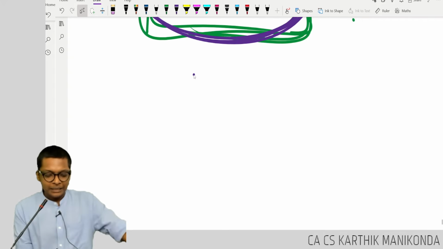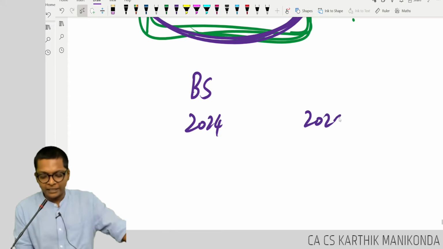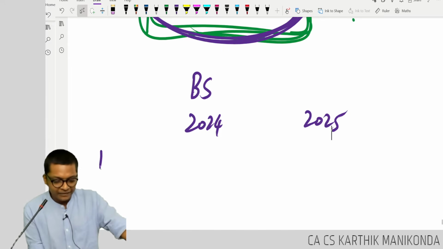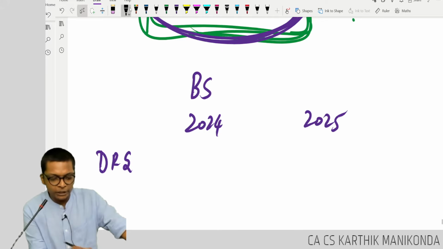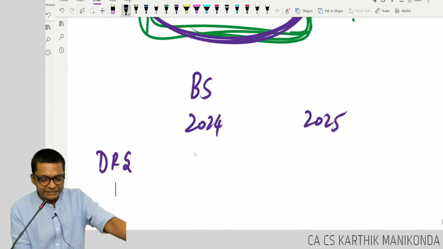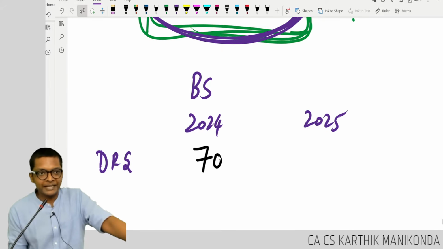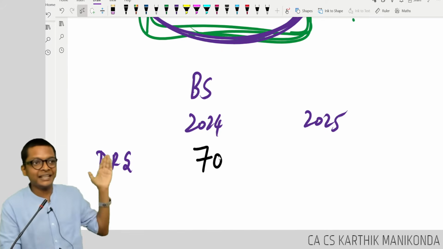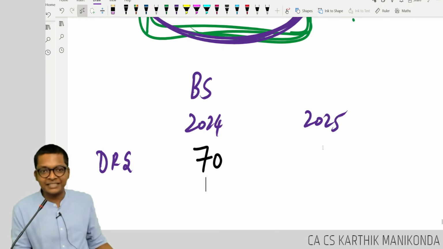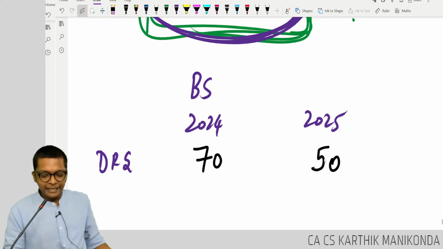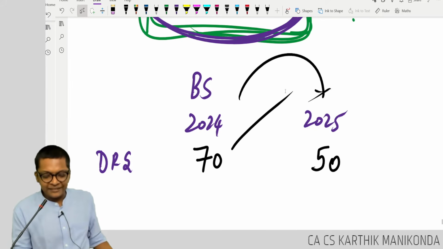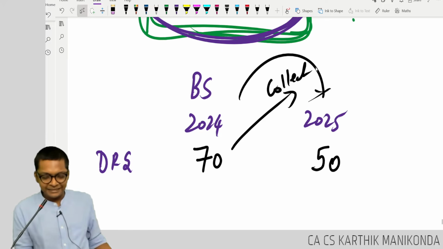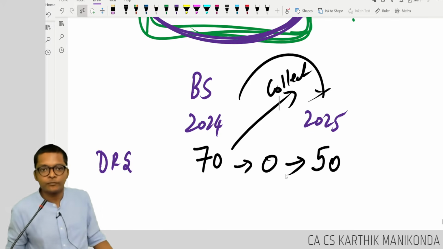In the balance sheet, I will have 2024 and 2025. Debtors last year was 70 in our example. This year, credit sales 50, correct? And I told you during the year this 70 was collected. That means basically 70 became 0, again 0 became 50.